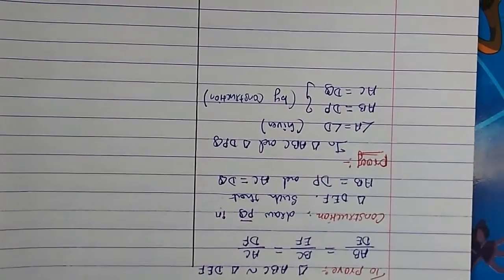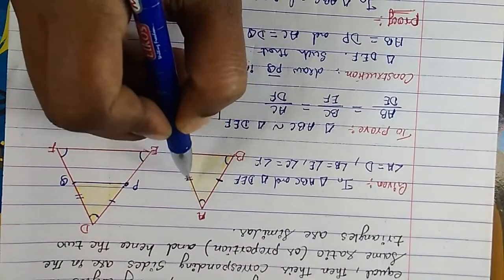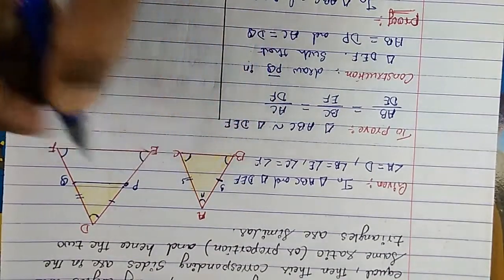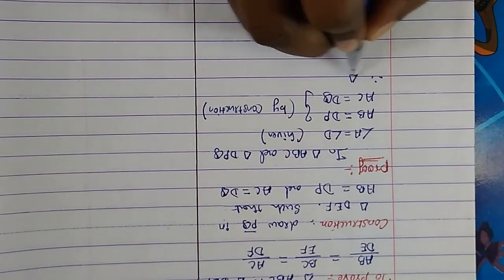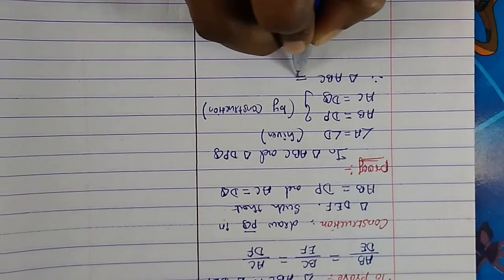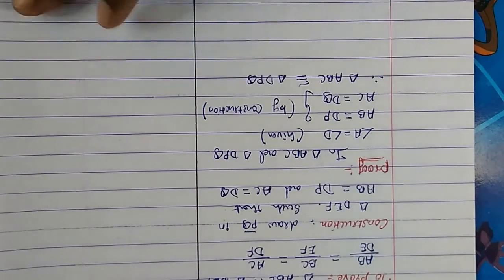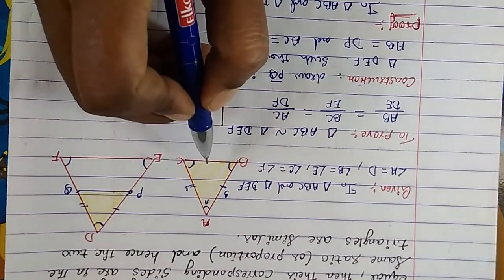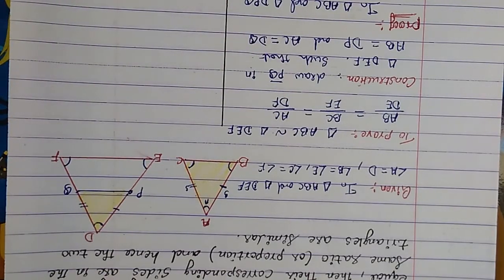Now, can you see something you have studied in 9th standard? This is side, this is angle, this is side. Side, angle, side, so by SAS both triangles become congruent. Therefore, triangle ABC is congruent to triangle DPQ. If both triangles are congruent, then by corresponding parts, can we say that the angles will also be equal?